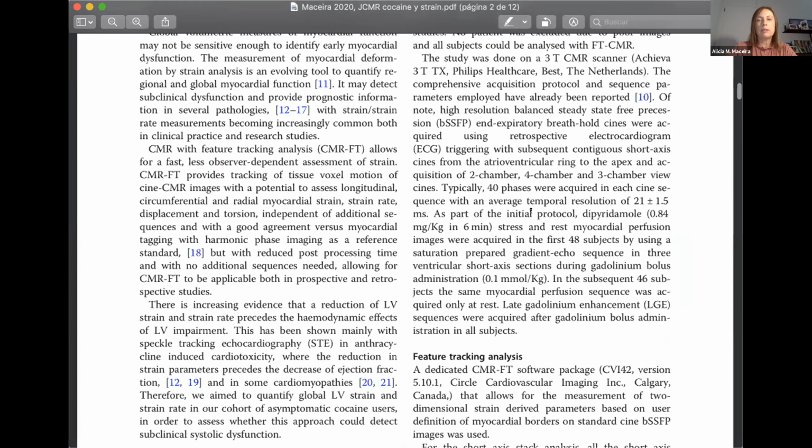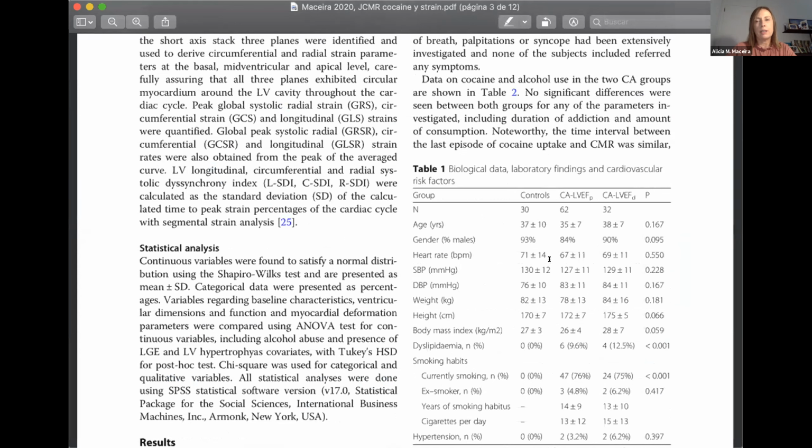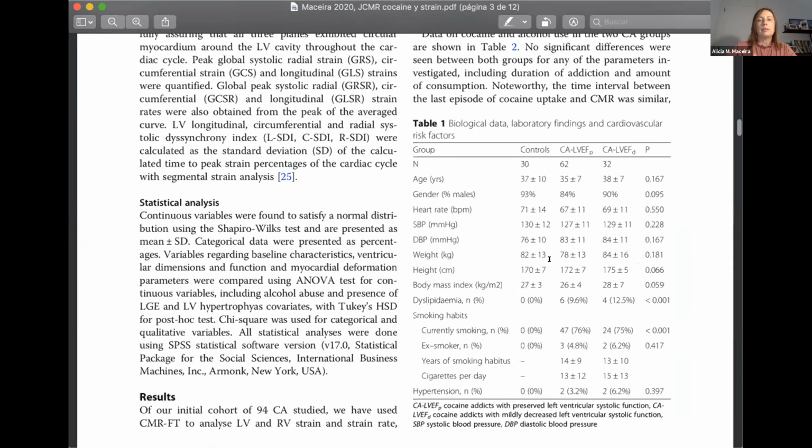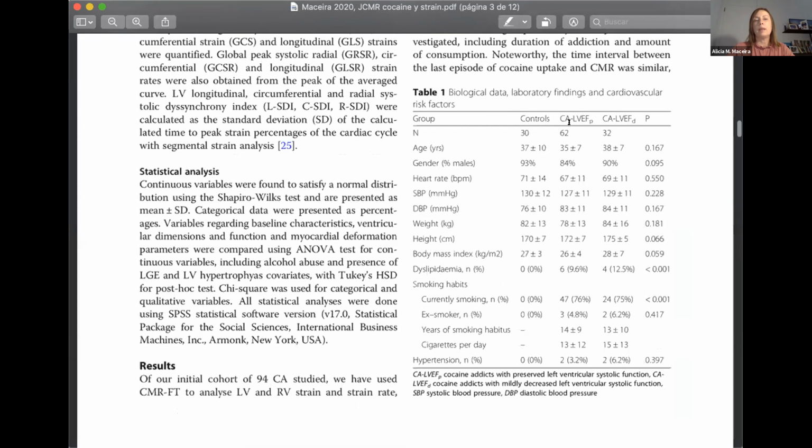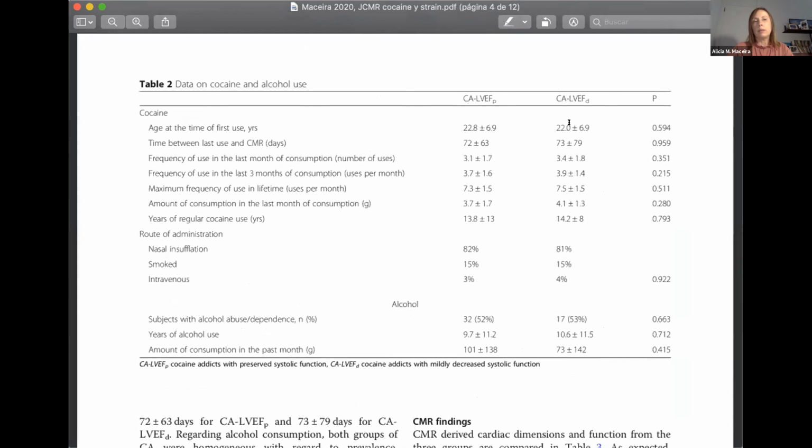Okay, there we are: 30 controls, 62 cocaine addicts with preserved ejection fraction and 32 with depressed ejection fraction. There were no real differences with regard to biological data or laboratory findings. We also represented the characteristics of their cocaine addiction, and there were no differences with regard to time of addiction or time after last use.